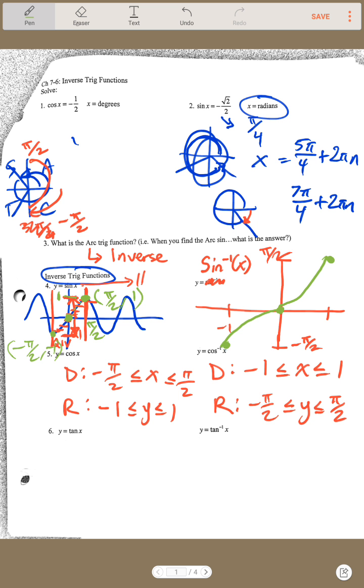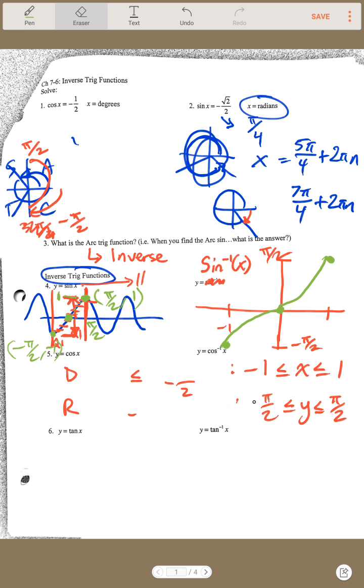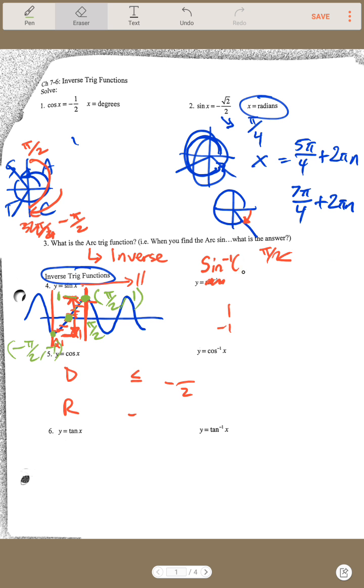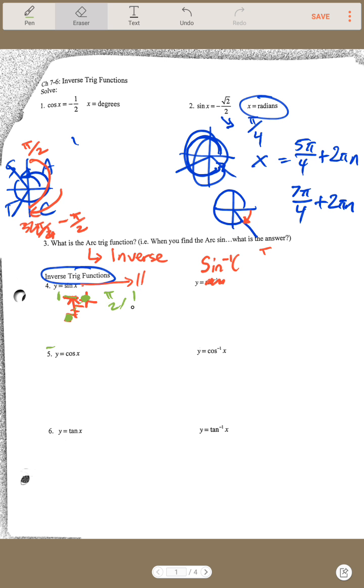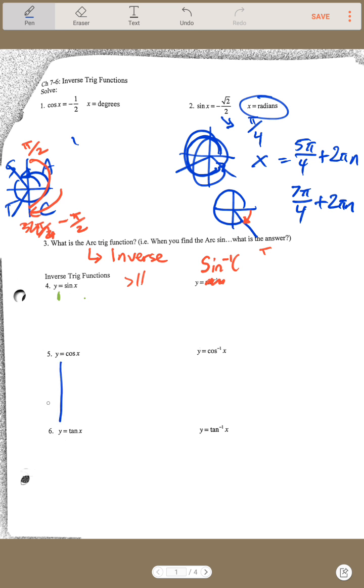We're going to do the same thing for cosine now. So for the cosine graph, when we draw this, we know that a cosine graph starts at 0, 1, and then we kind of form that U shape, and we can do the same thing on the other side, like that.